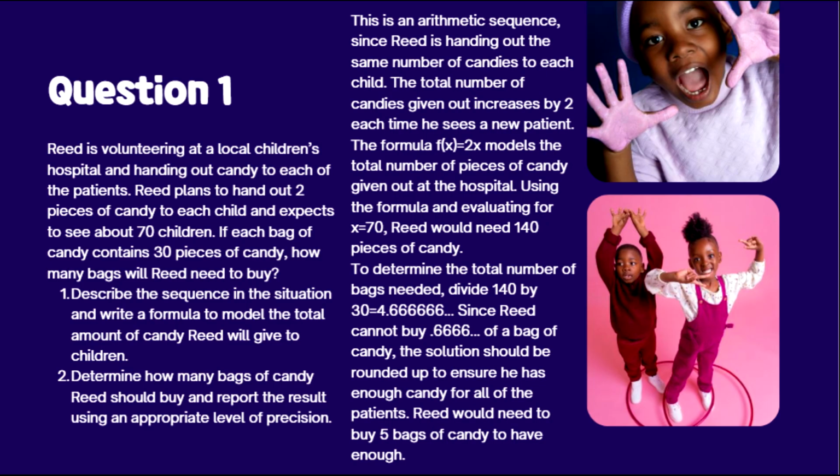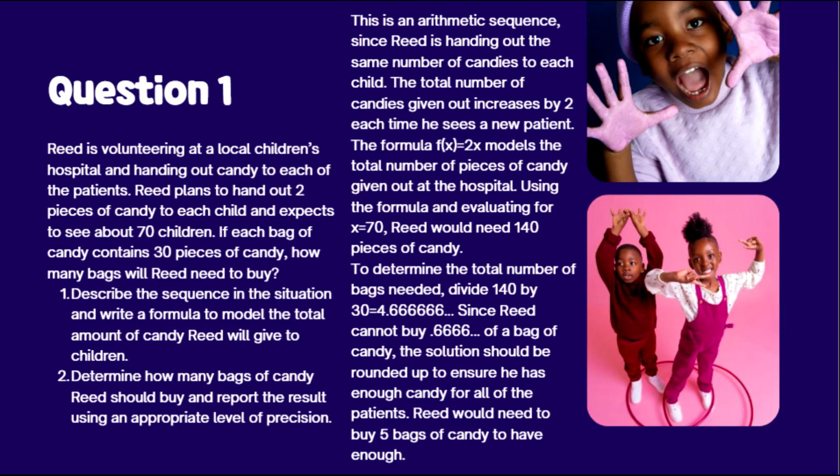Okay, this is an arithmetic sequence since Reed is handing out the same number of candies to each child. It's going up by addition, plus 2, plus 2, plus 2. The total number of candies given out increases by 2 each time he sees a new patient. The formula f of x equals 2x models the total number of pieces of candy given out at the hospital. Using the formula and evaluating for x equals 70, Reed would need 140 pieces of candy.